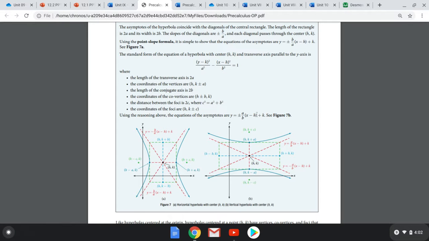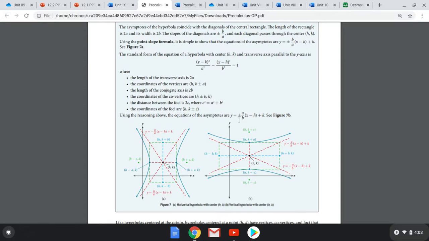So if you remember from way back in algebra 1, we did point slope format where you put in a point, and so technically point slope format would have been y minus k equals the slope times x minus h. But we're moving the k over to the other side just so that it looks like a normal linear equation.